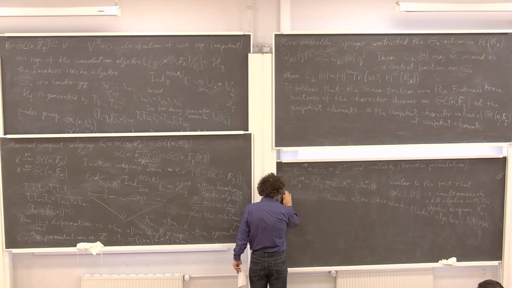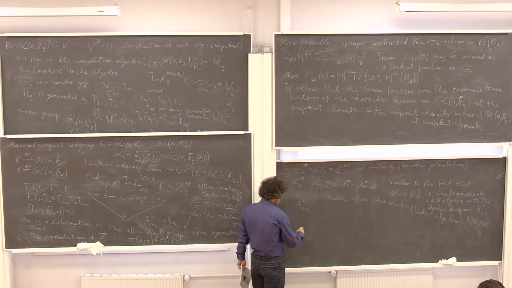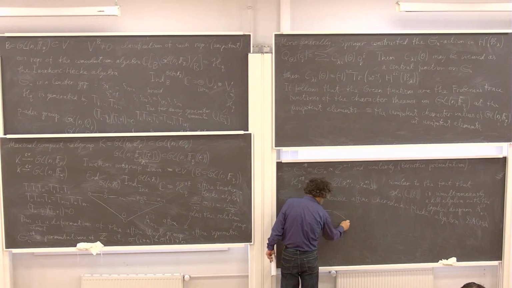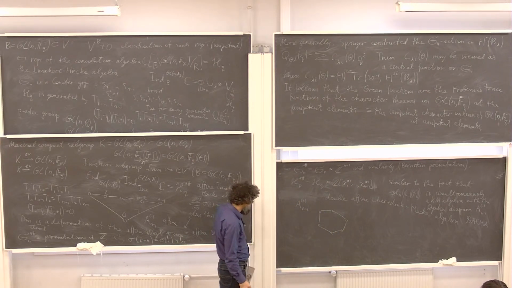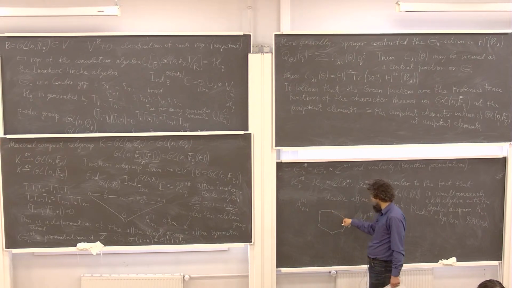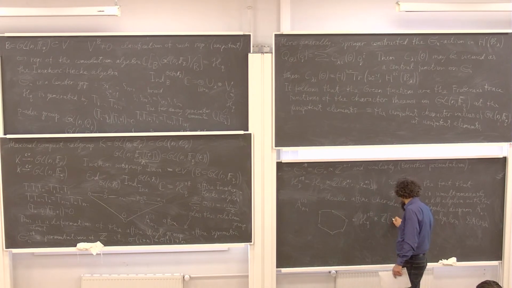So you start with this Dynkin diagram. Okay, and you take the corresponding affine Hecke algebra given by generators and relations, and then you take its semi-direct product with Laurent polynomials in x1 and so on, xn.